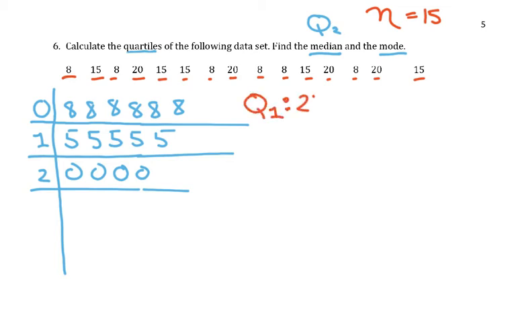That's the 25th percentile. So we take n and multiply it by 0.25 and see what you get.